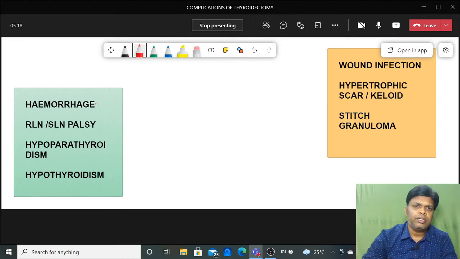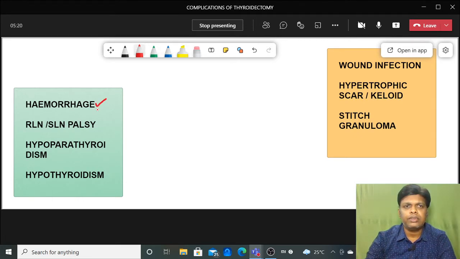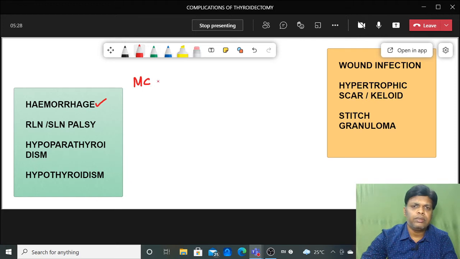Hemorrhage is one of the important complications in thyroidectomy, particularly. First of all, this is the most common complication, and it is one of the important life threatening complications.